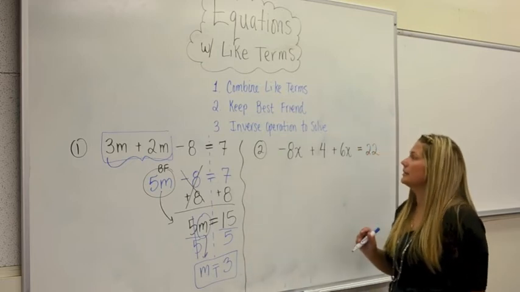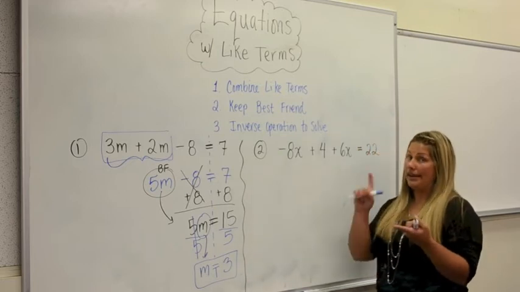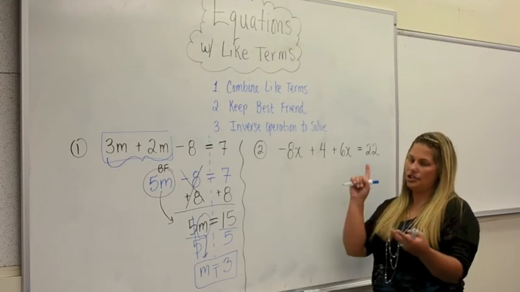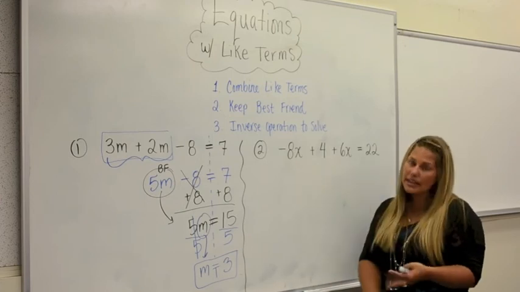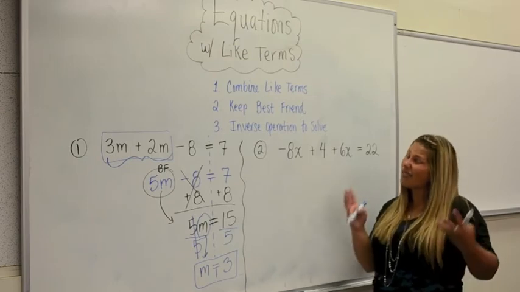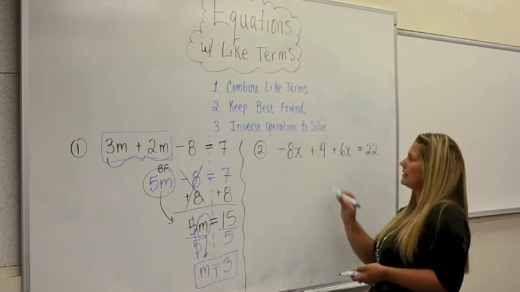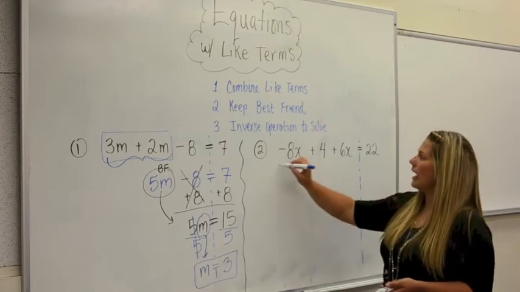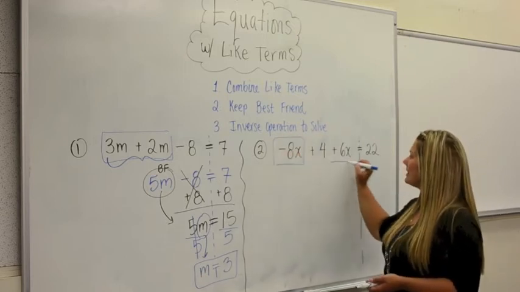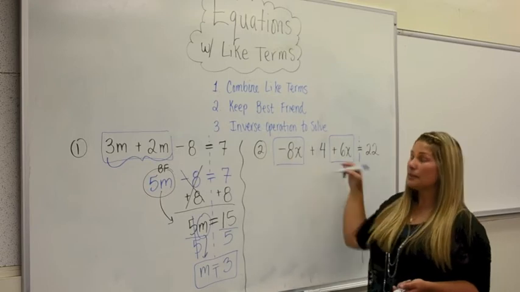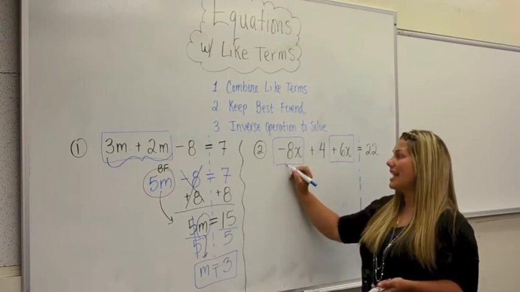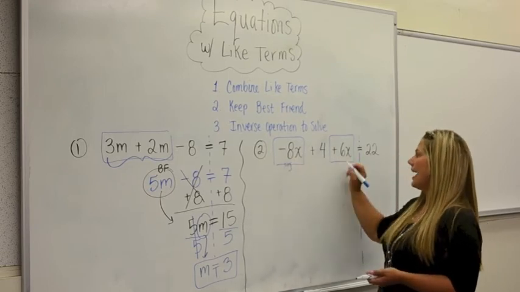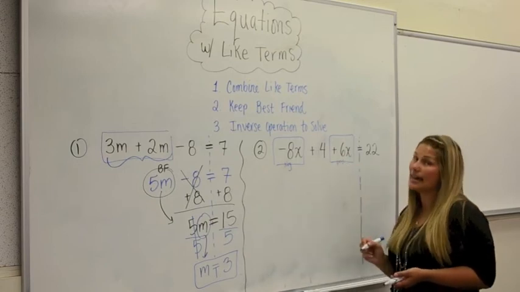So let's look at this one. Now we're combining positive and negative integers, combining like terms, inverse operation, basically every lesson we've done up until this point. So remember, we draw our line down through that equal sign, and we have to put the x's together. In this problem, this x is a negative 8x, but this x is a positive 6x.